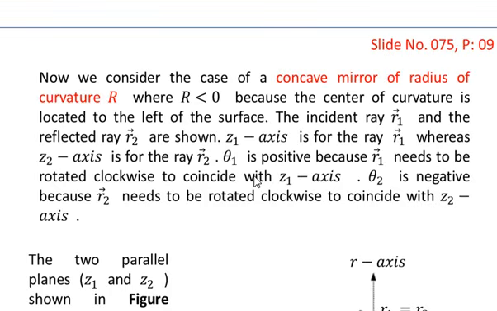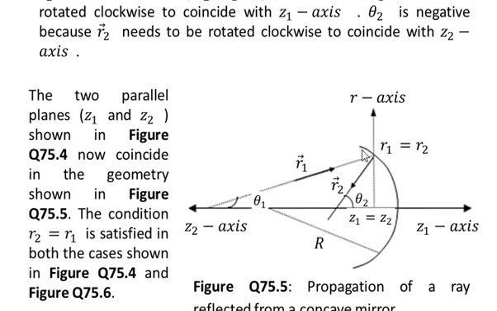Next we consider the case of a concave mirror of radius of curvature capital R, where capital R is taken as negative because the center of curvature is located to the left of the surface. This is the surface, and its center is located on the right hand side of that surface, which is shown over here.